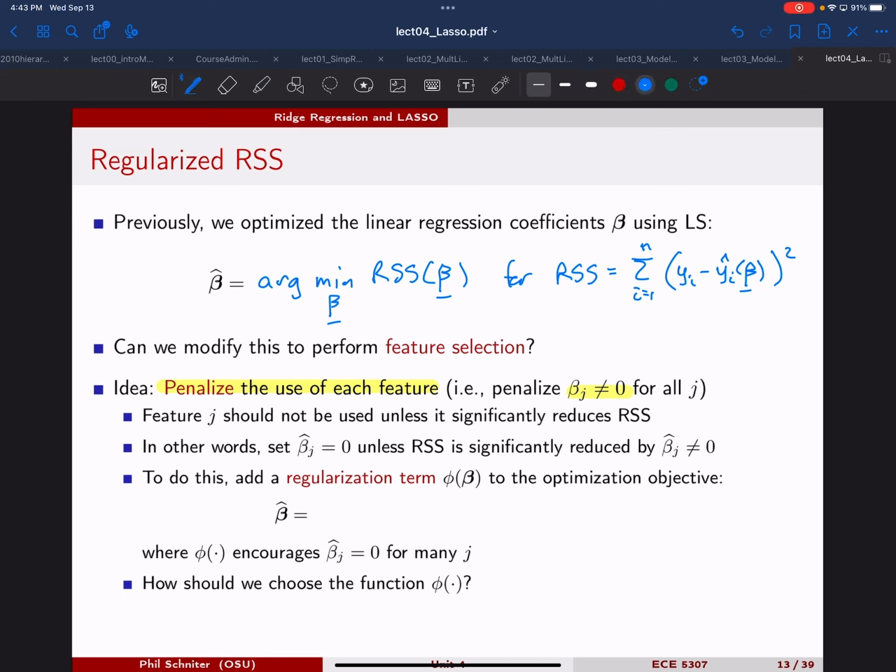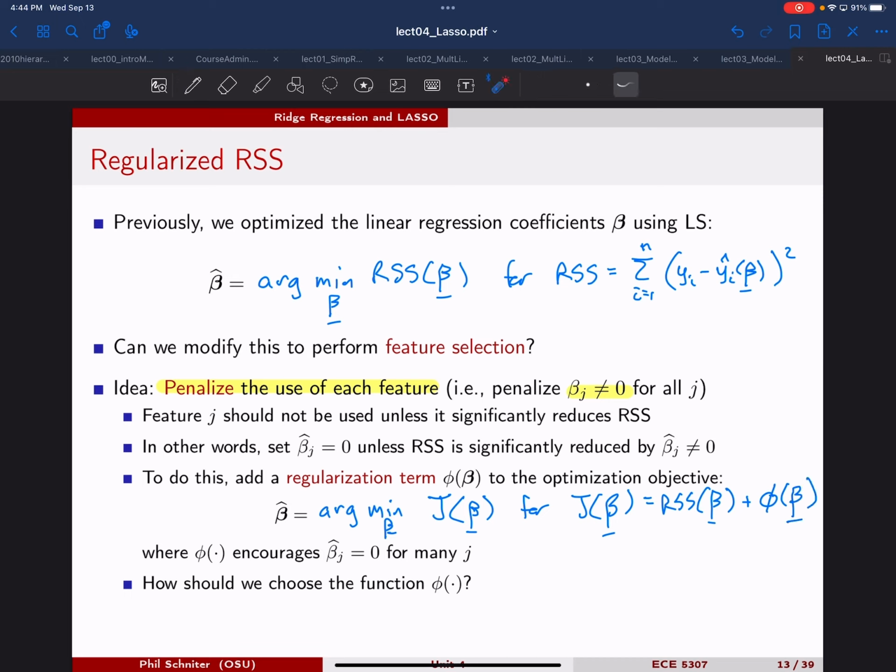We're going to now say our new beta hat is going to be arg min over beta of, actually I'm going to call it some new cost function, J as a function of beta, where J is equal to the RSS plus a penalty function, which I'm going to write as phi of beta.